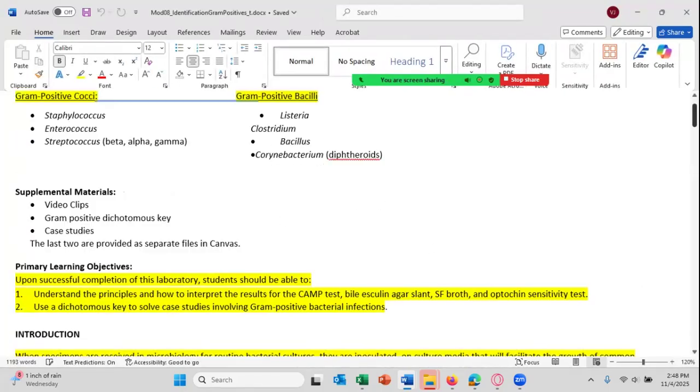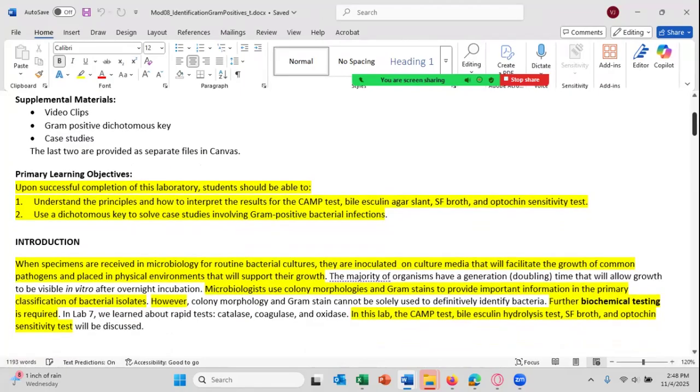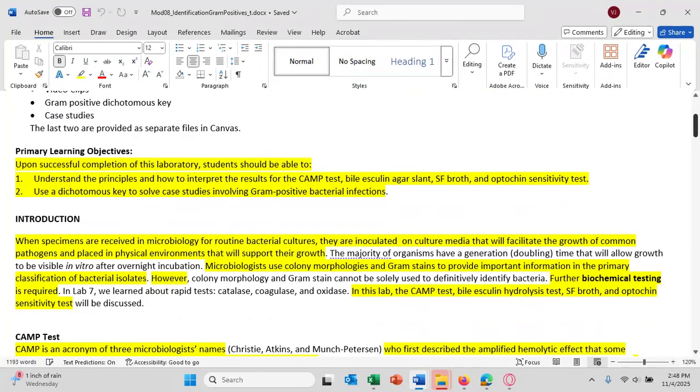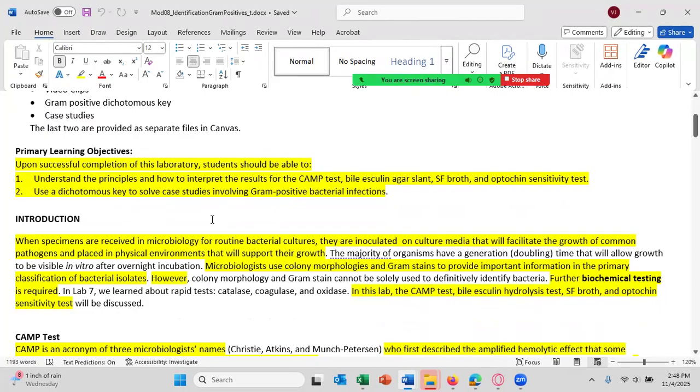Good here too. The learning objectives. 1, understand the principles and how to interpret the results for the CAMP test, the bile esculin agar slant test, the SF broth test, and the optochin sensitivity test. And 2, be able to use a dichotomous key to solve case studies involving gram-positive bacterial infections.